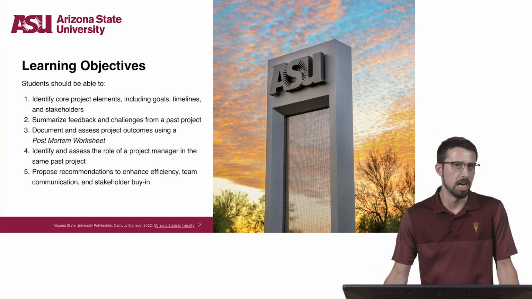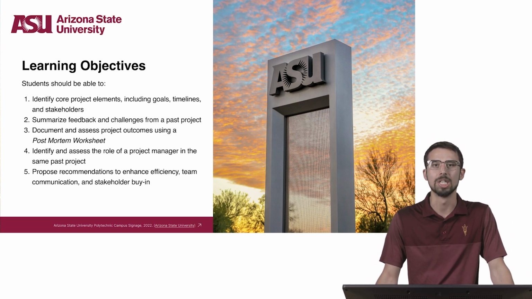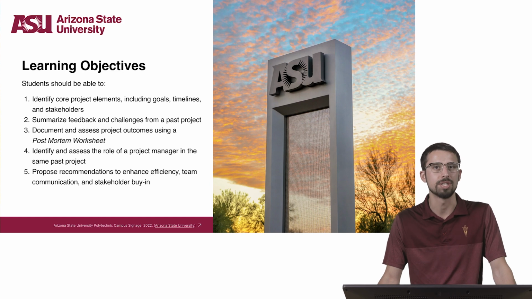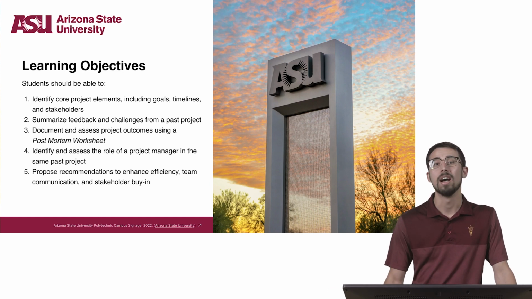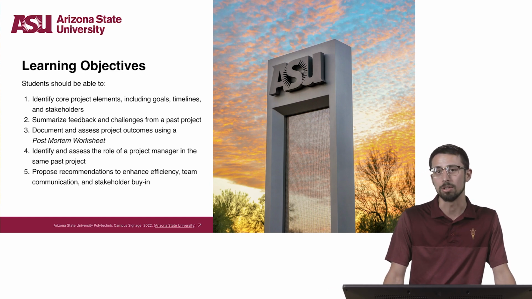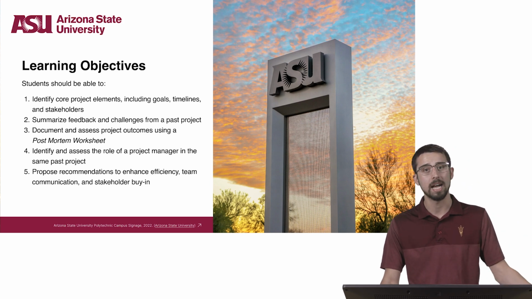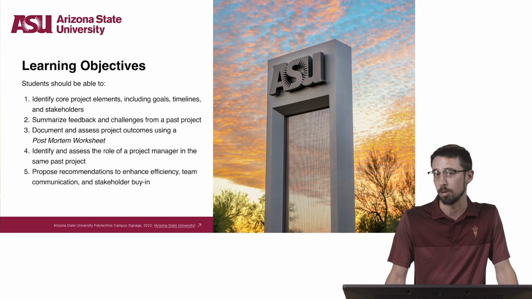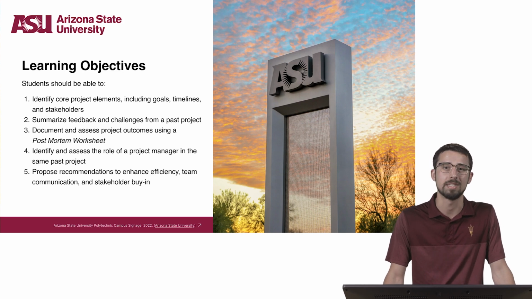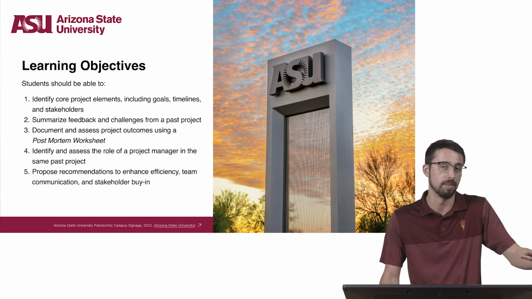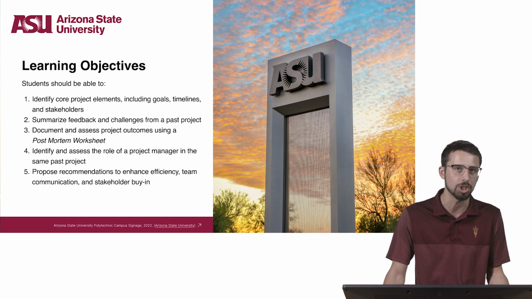By the end of Module 2.1, the idea is that you should have an understanding and an ability to identify core project elements, including goals, timelines, and stakeholders, summarize feedback and challenges from a past project, and document and assess project outcomes from that past project using a provided Post Mortem Worksheet.